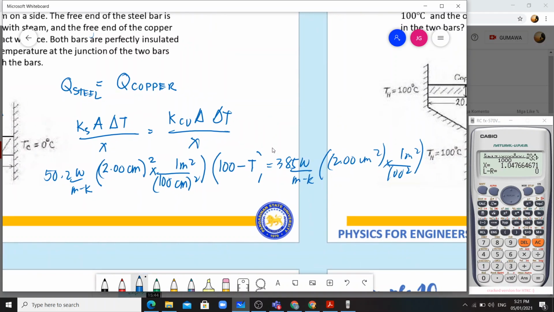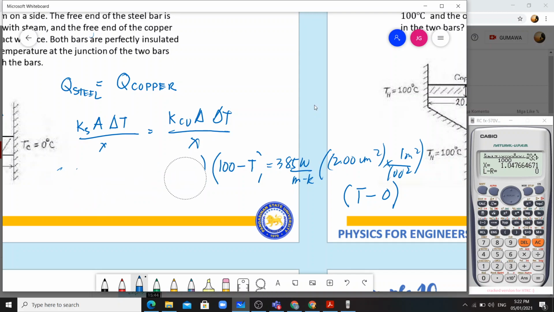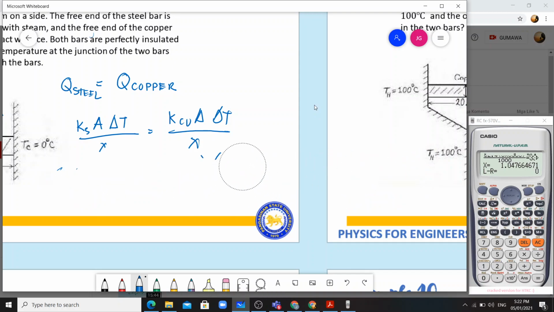Delta T is T minus 0 over, ay nako, ayusin natin. Masyadong madami. Okay. Dahil ang area ay parehas, cancel na natin sila. So matitira is K delta T over X.